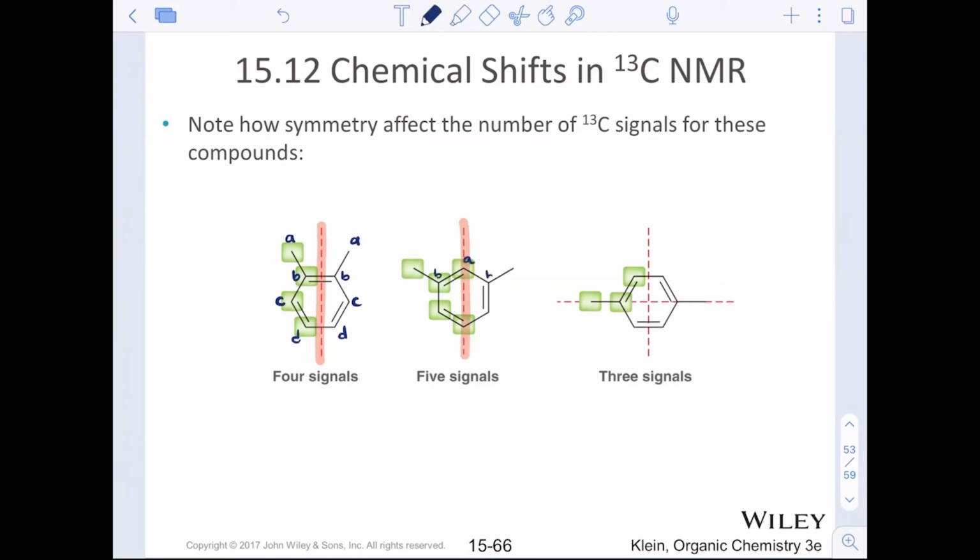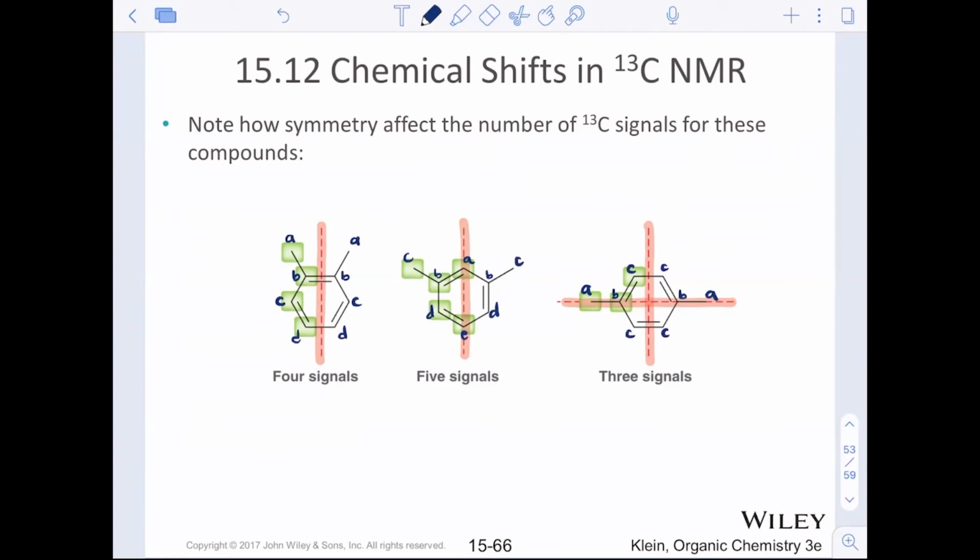We have 2 carbons over here that are the same. These are the same. These are the same. That's different, right? And when we have perfect symmetry, we have a lot of things that are the same. The methyl groups, B, B, and then all 4 of these leftover carbons are the same.